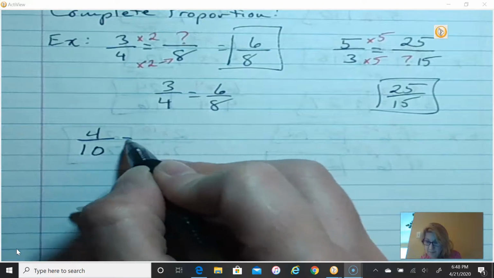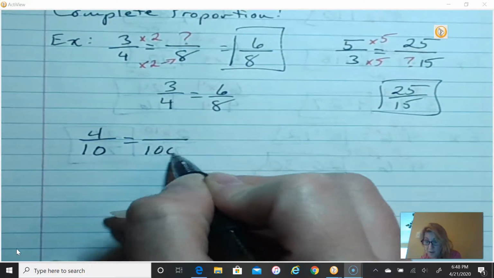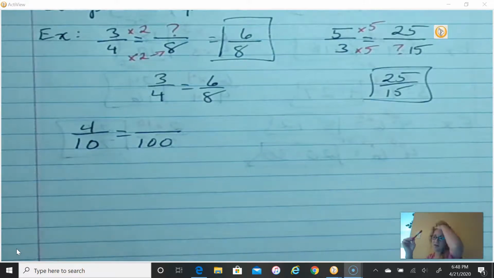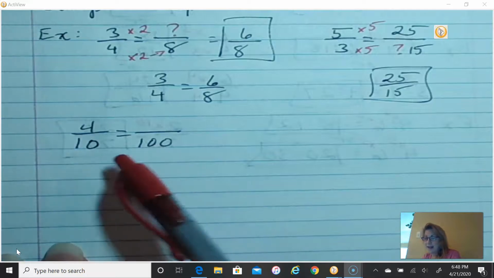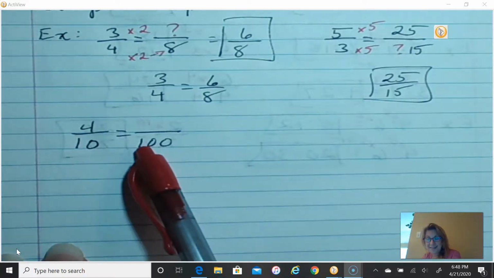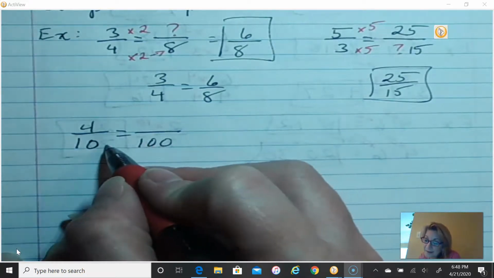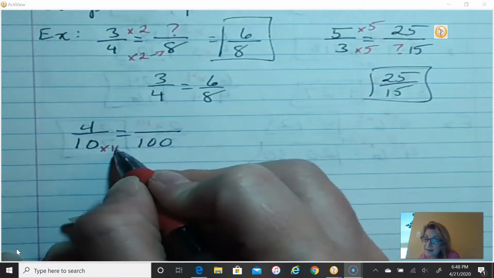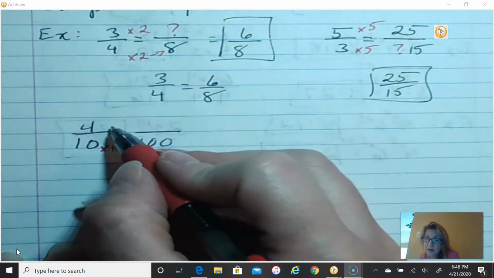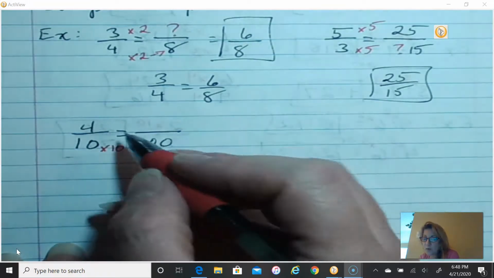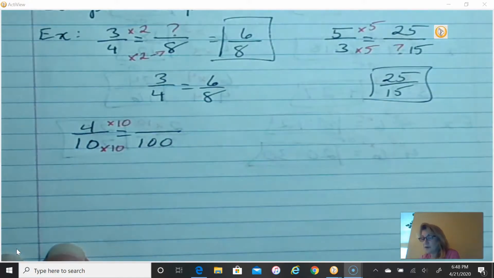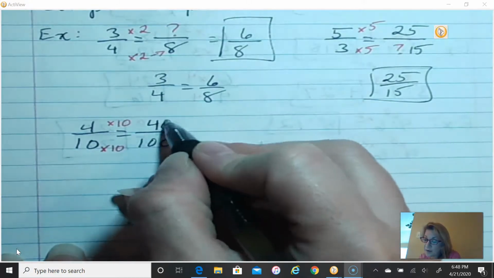4 to 10, and they give you 100. Okay. Let's see, I'm going to call on someone. Raimi, how many times does 10 go into 100? Or you could say 10 times what gives you 100? 10 times 10. Therefore, Madeline, what do we have to do at the top? Times 10. So 4 times 10 is 40.